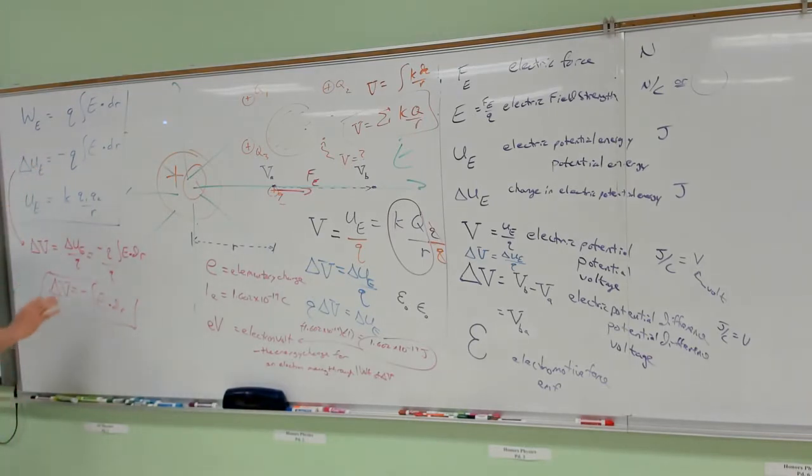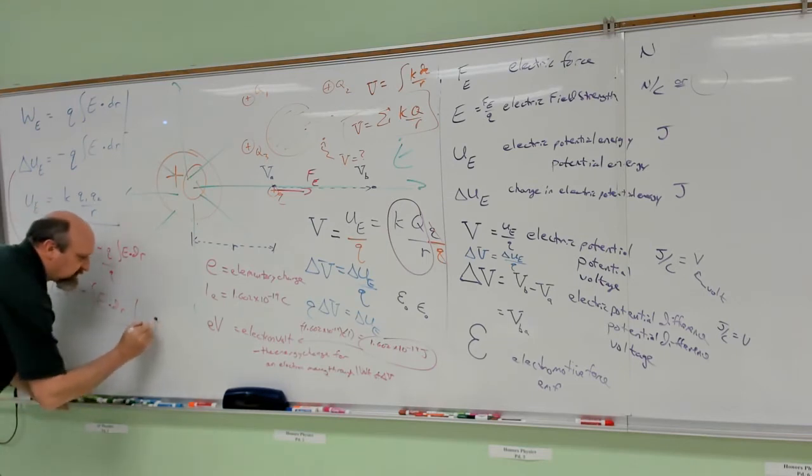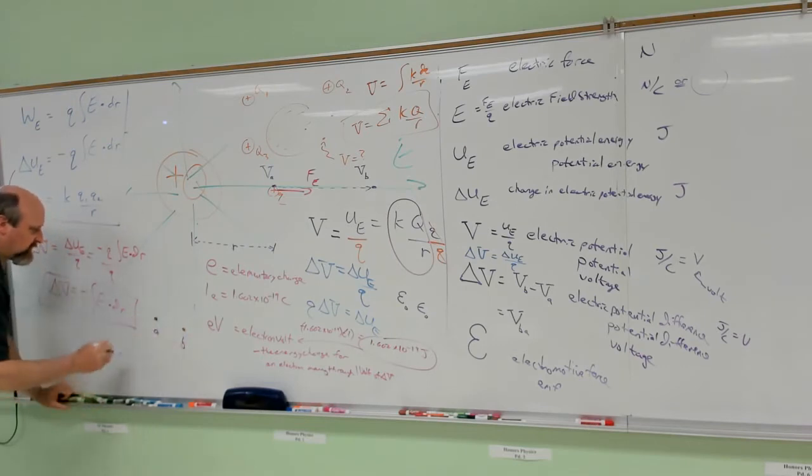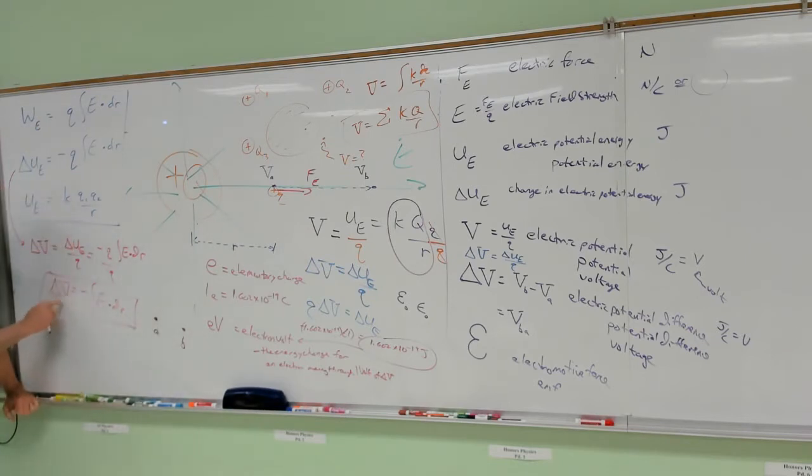Let's look at this in a little bit simpler case. My delta V is negative integral E dot dr. Now, special case: you see that dot, there's an angle between the E field and the path going from A to B. Say I've got two spots, position A and position B, and I'm trying to find my delta V from here to here, putting up my voltmeter and measuring that delta V. If there's a difference in potential, there has to be an E field there.